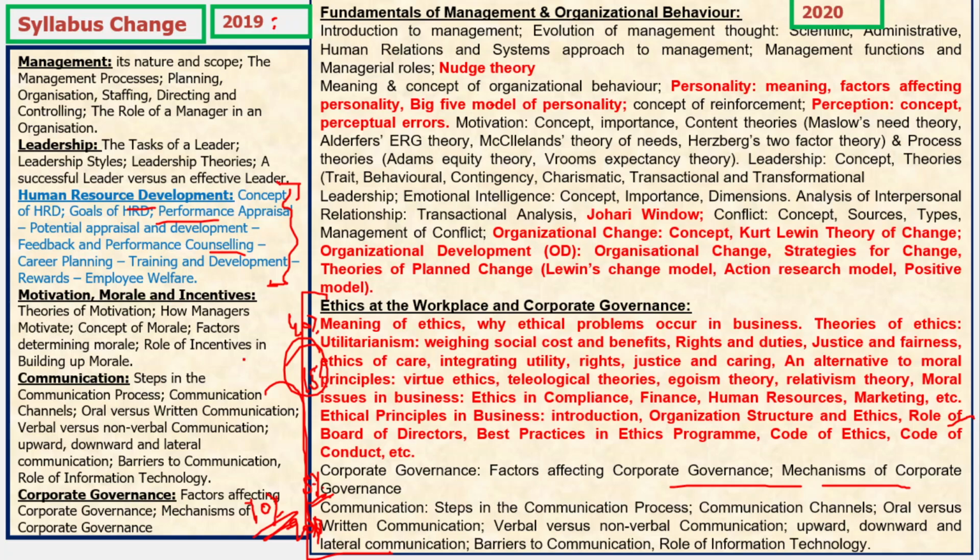The only thing you can say is that the organizational development part has been added. So human resource development has become larger, because human resource development and organization development are closely related, and ethics is a new thing that has been included. So technically, nothing has been per se reduced.